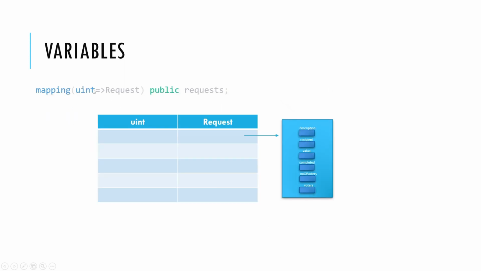So this uint will be the request number, and this request will be the structure that we are going to create, so that we can have multiple requests in this particular mapping. At index 0, we can have request 0, then at index 1, we can have request 1. In this way, we are going to fill this particular mapping.